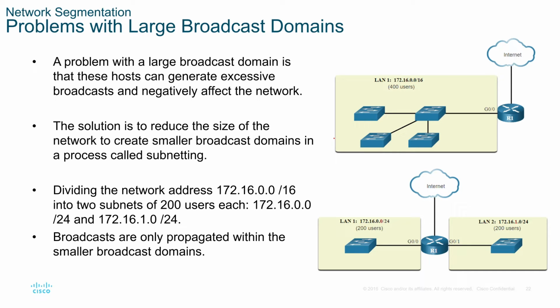If we divide the network address 172.16.0.0/16 into two subnets of 200 users each, we could use a /24 mask. So as you can see, we would have a 172.16.1 and a 172.16.2.